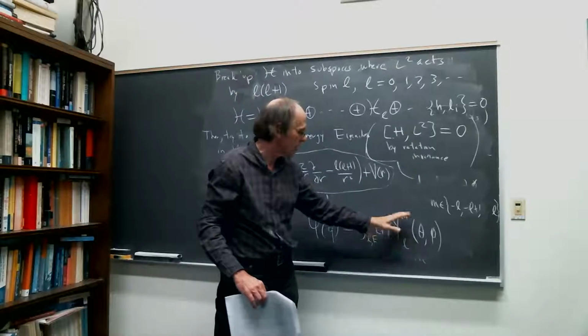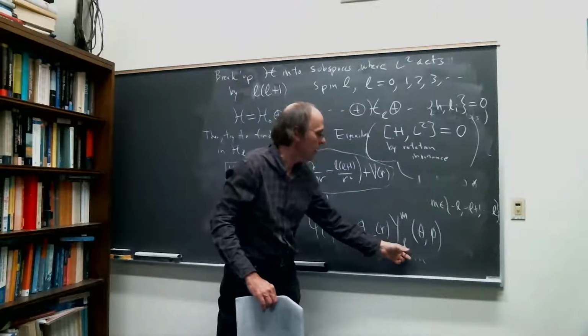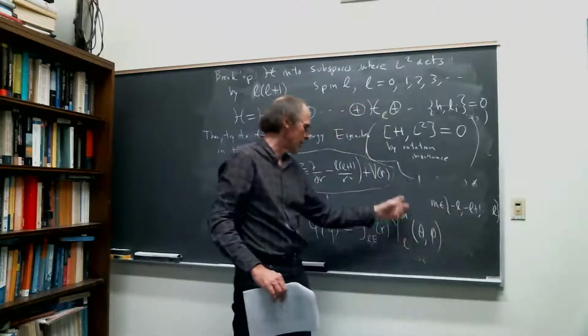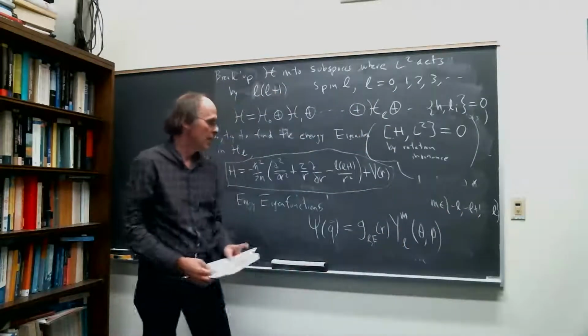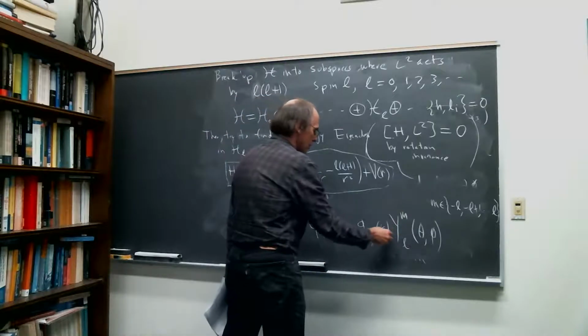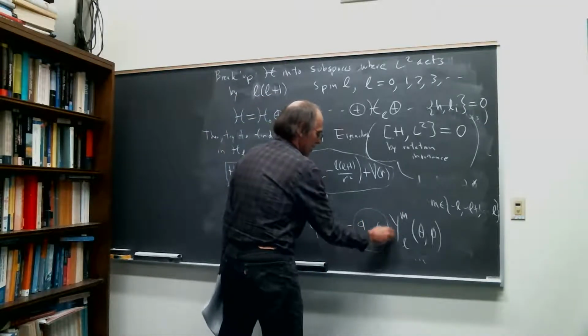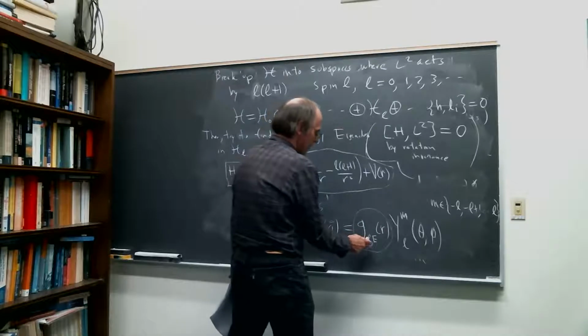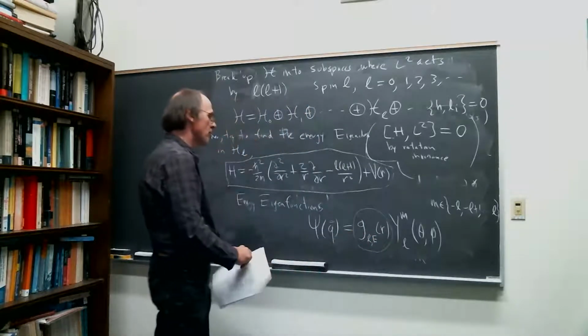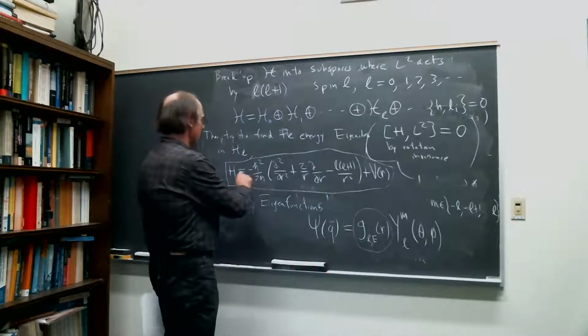For fixed L, there are 2L plus 1 of them with the same eigenvalue, which are given by the spherical harmonics. So our energy eigenfunctions look like this, but we still have to find this radial function.